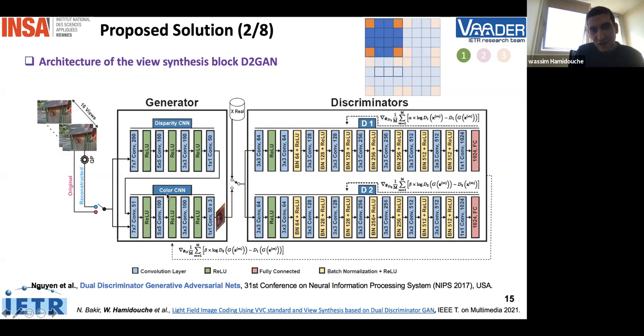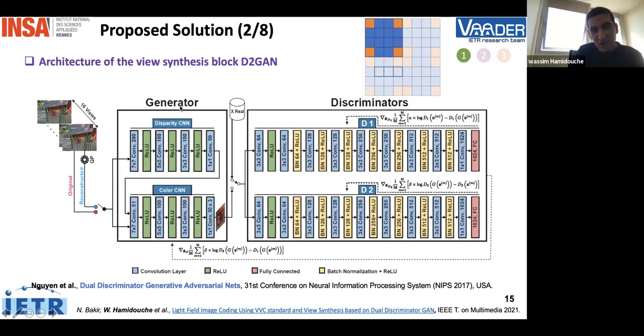And the second convolutional neural network estimates the color, actually the RGB components of the image. As input, as we can see in this light field image, it takes the four corners of each quarter of the block, and it will be able to synthesize all the blue no reference views inside this part of the block of the light field image.